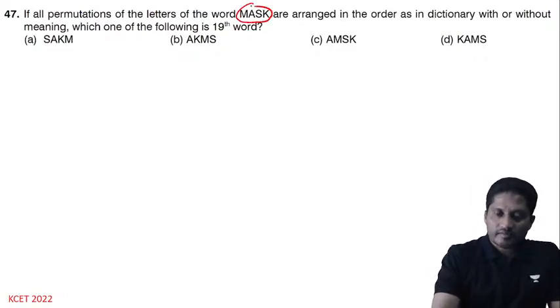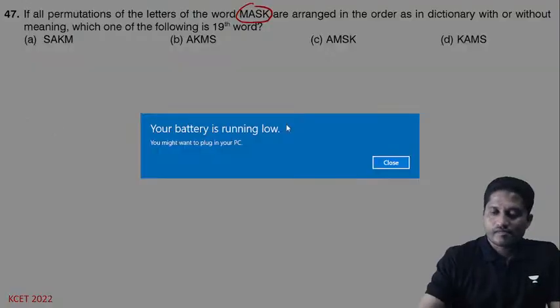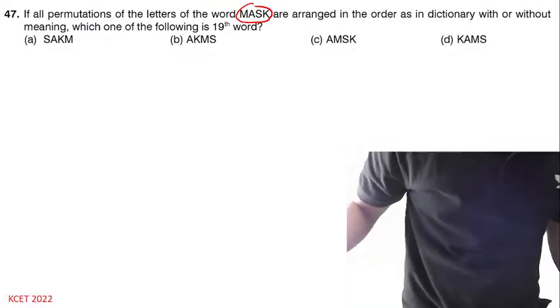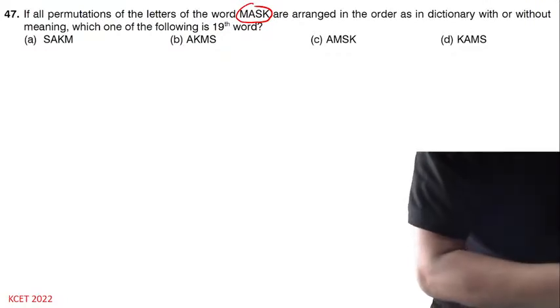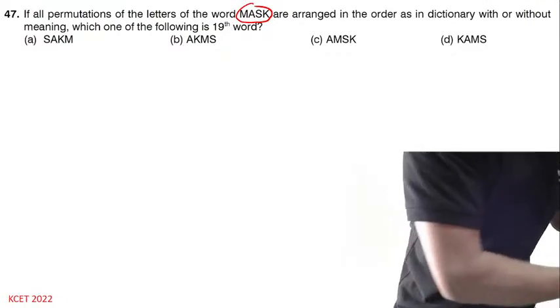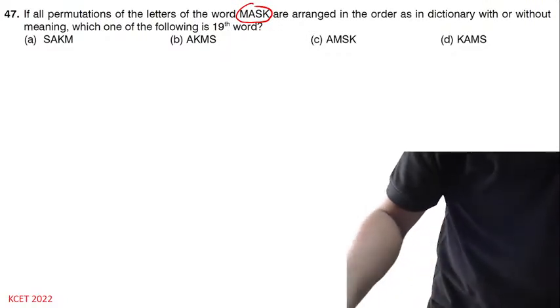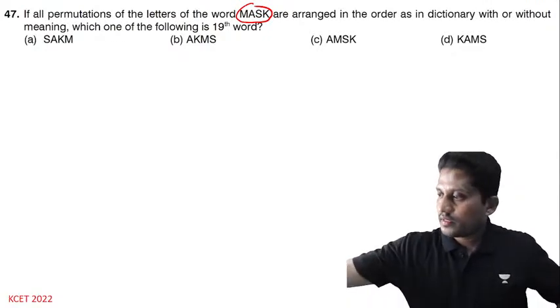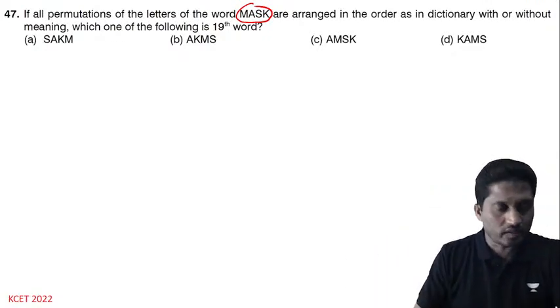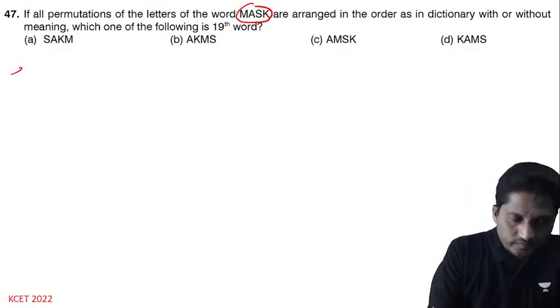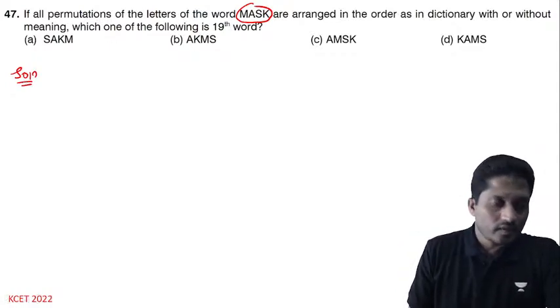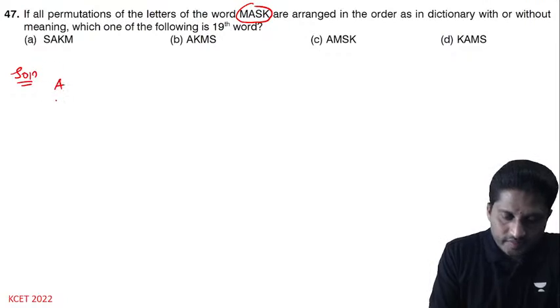If I arrange the letters of the word MASK in alphabetical order, it should be equal to A, K, M, S. This is in alphabetical order.